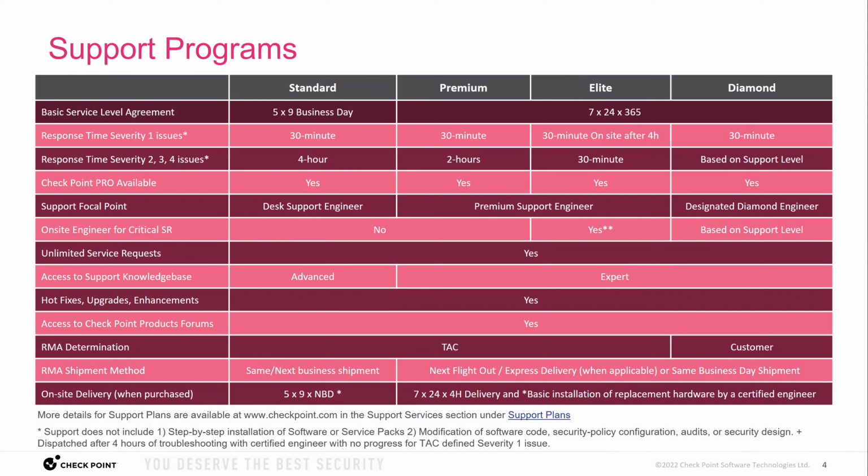Then as it cascades down to 2, 3, and 4, the time expands from 2 hours, 4 hours. What that means is, if you opened up a ticket online and put it at a critical severity level, it's going to get a response from someone in TAC, whether it's the actual support engineer or a manager managing the queue, within 30 minutes to help assist with your problem. And as I said, the time will cascade down from there based on the severity.